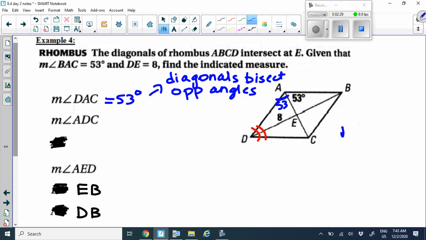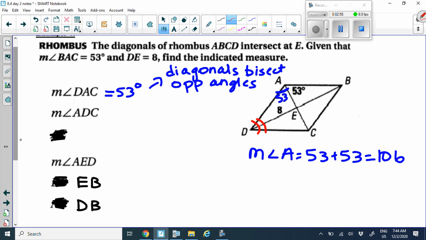So we can say measure of angle A, we can add those 2 together. 53 plus 53, and that will give us basically 106. To find measure of angle D, we know that consecutive angles, remember angles that are right next to each other, they are supplementary, so they add up to 180.